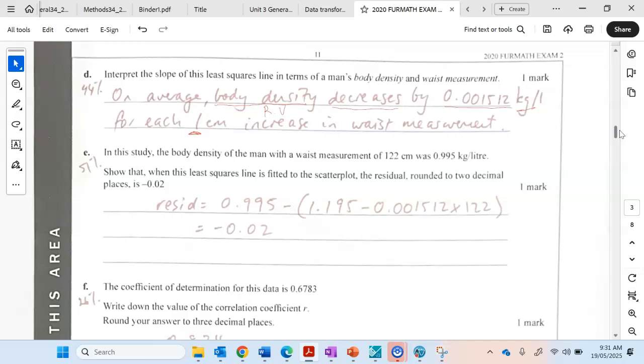So for each one, and whatever the unit is of your EV. So our units are centimeters. So for each 1 centimeter, that 1 has to be there. And it's always increase. So I saw quite a few students on their tests write decrease there. It's always increase. In the sentence I gave you, I didn't tell you to change that word.